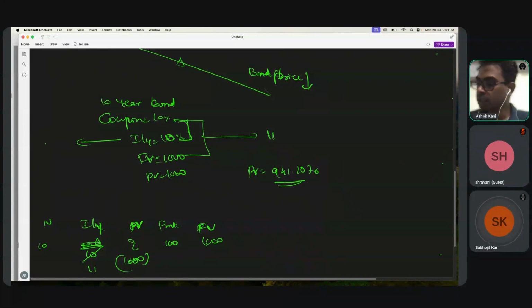Similarly, when the interest rate comes down, 1064.17. That means when the interest rate went down, bond price went up. When the interest rate went up, bond price came down. This is okay.